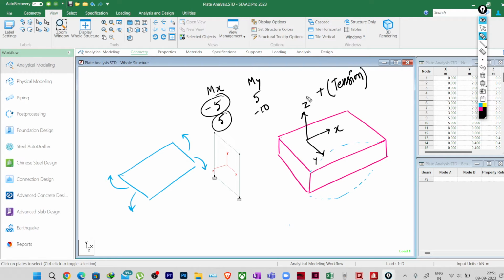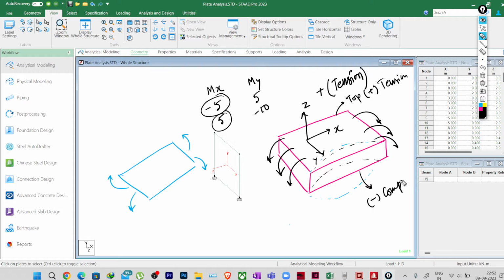Okay, if z is upward, and the upward face is in tension, then it will be positive. So when the plate is bending like this, the top face will be positive because it is under tension, and the bottom will be negative and it is under compression.